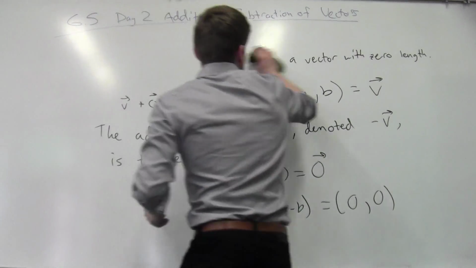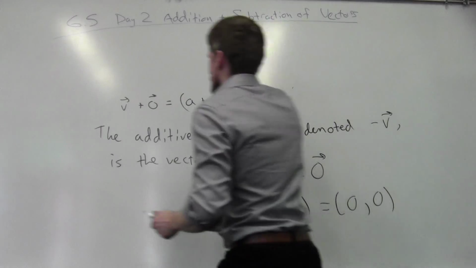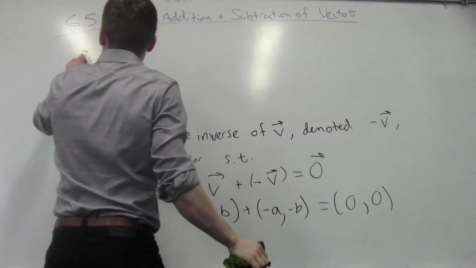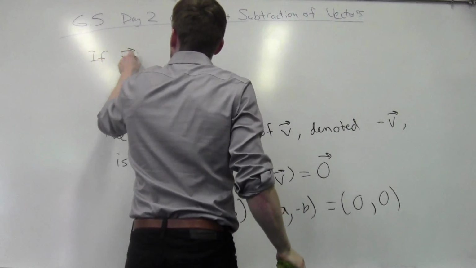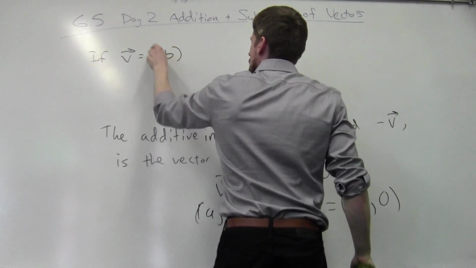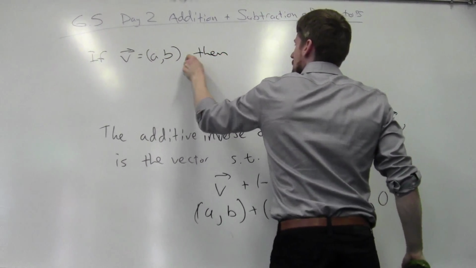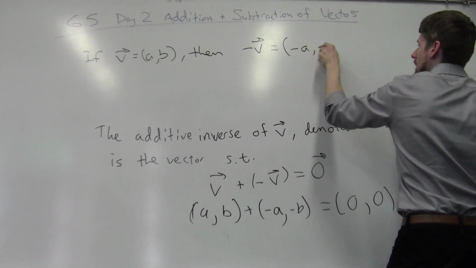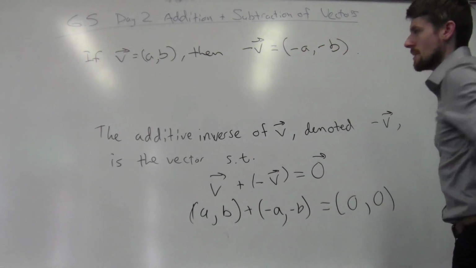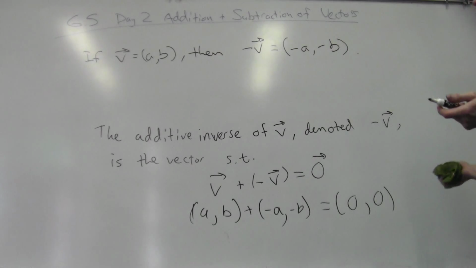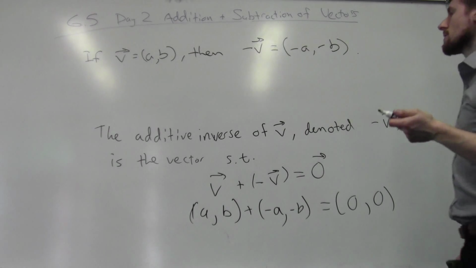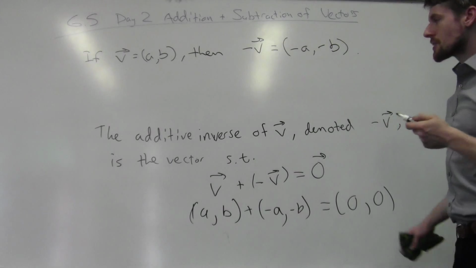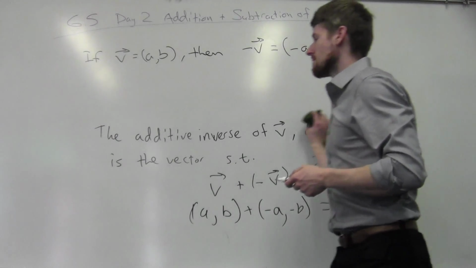So that says that if v equals AB, then negative V equals negative A, negative B. It's just the negatives. And you might ask the question, what's the direction of this additive inverse vector?